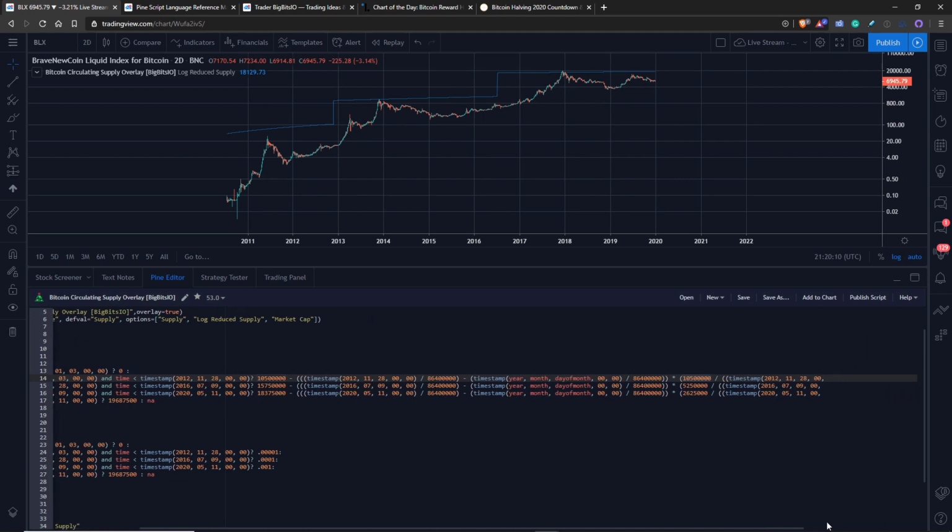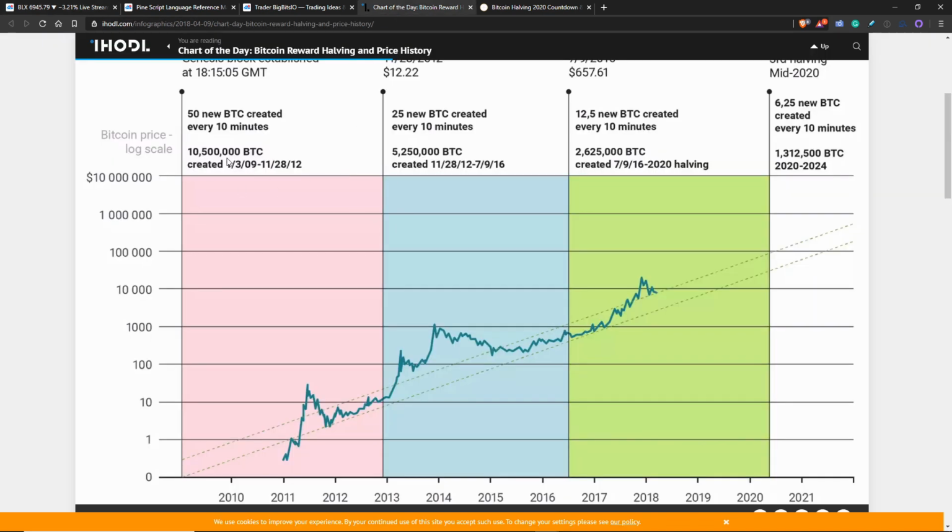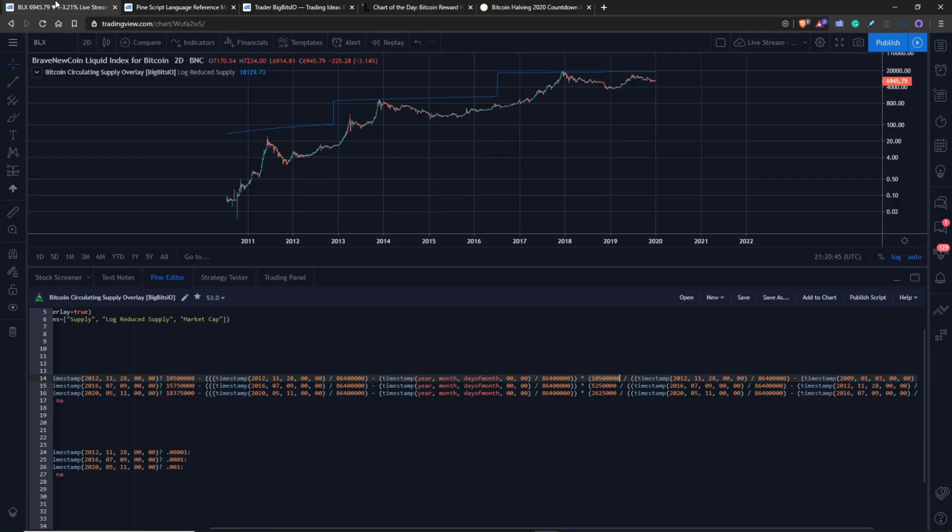Then we divide that by the total number of days in the halving period. So we get how many days back we are. All right, so if we're 100 days back, this number would be 100. And then we multiply the entire batch of block rewards during this halving period by the number of days in the halving period. Okay, that gives us the amount of Bitcoin rewarded per day during this particular period.